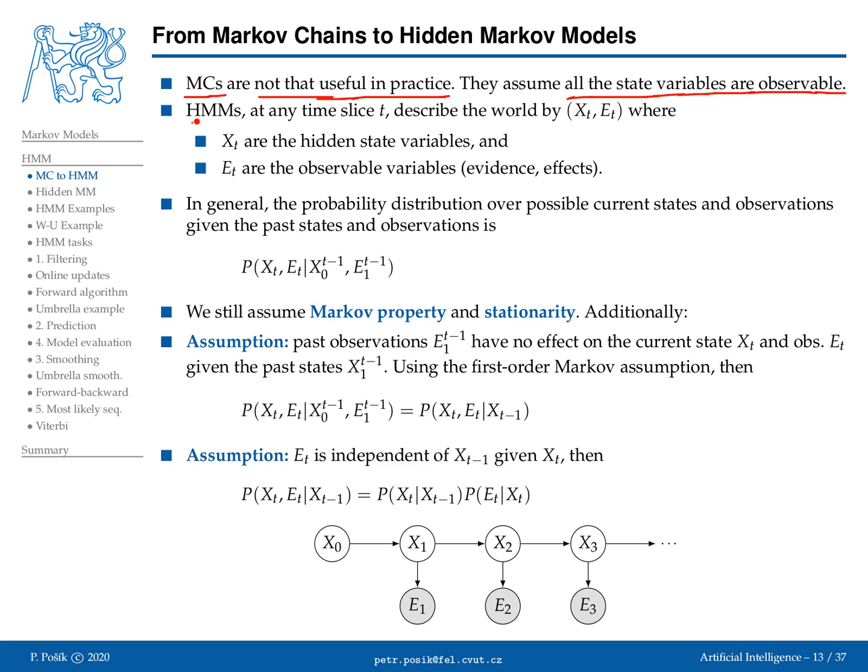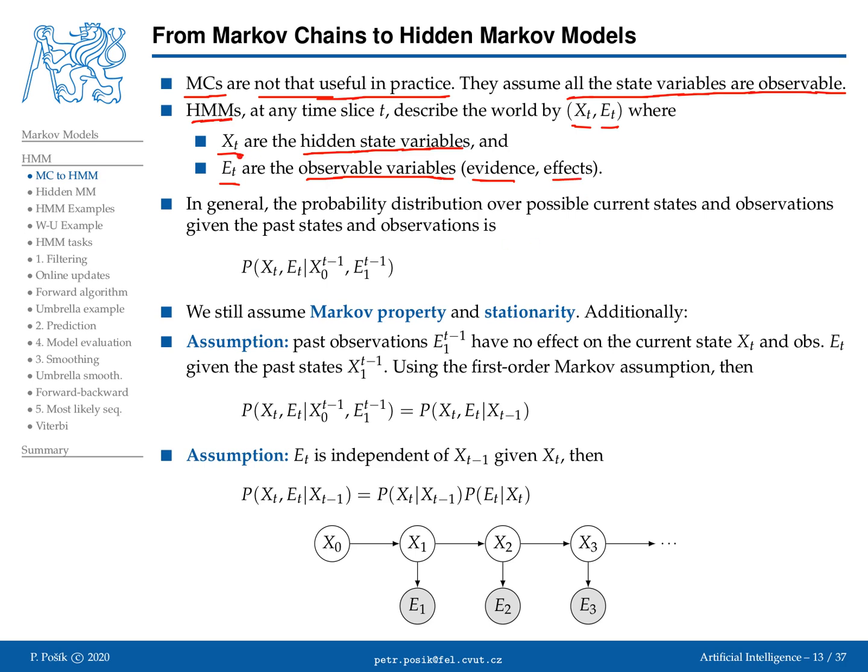Hidden Markov models, on the other hand, can describe the world as a pair of hidden variables and observable variables. So now we will talk about Xt as the hidden state variables and Et as the observable ones. Sometimes we will call them evidence variables or effects.